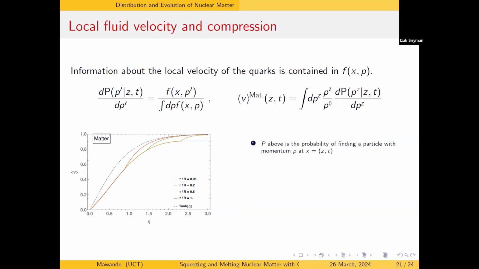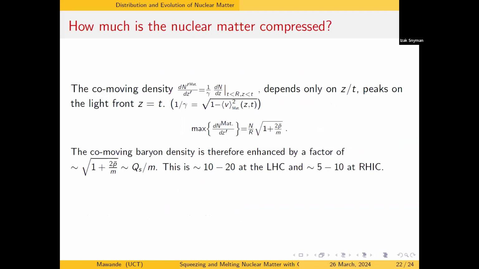To do that, I work out what the average velocity is at a given point of the matter, which gives me these curves. And I find that the co-moving density, dividing out the distribution by a gamma factor, is enhanced by a factor of about 10 to 20 at the LHC for ordinary nuclear matter, and 5 to 10 at RHIC for ordinary nuclear matter.